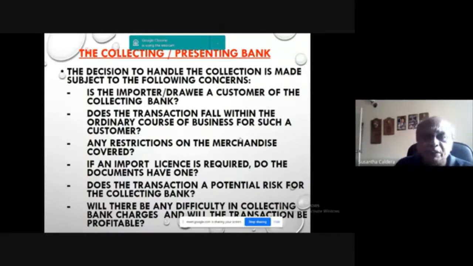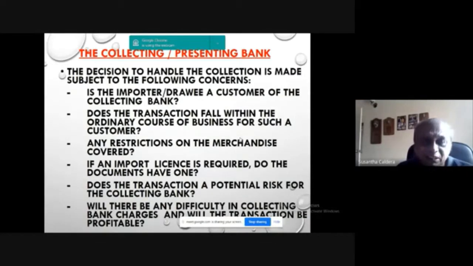Is the importer or drawee a customer of the collecting bank? Very important. If the importer or drawee is not a customer of the collecting bank, I would say, please investigate and ask them, because you don't want to get into trouble, and they also don't want to get into trouble.